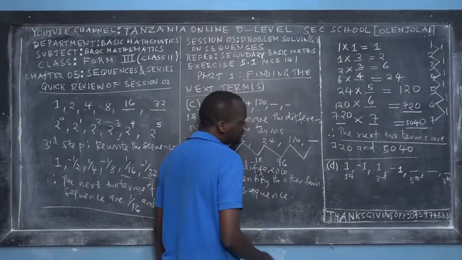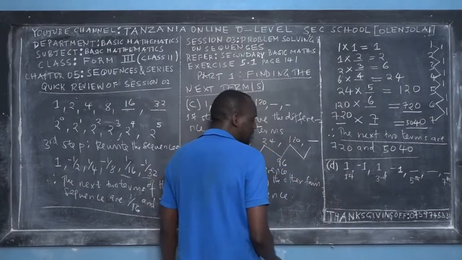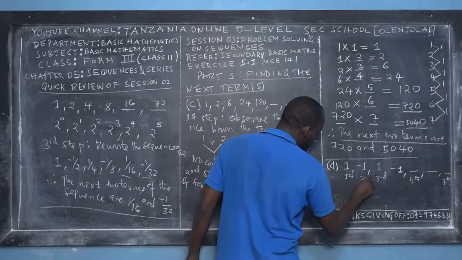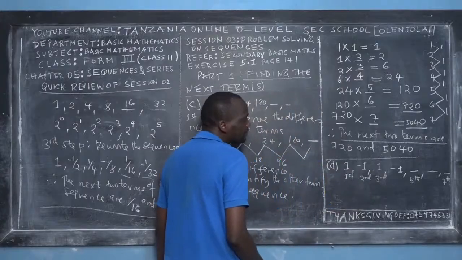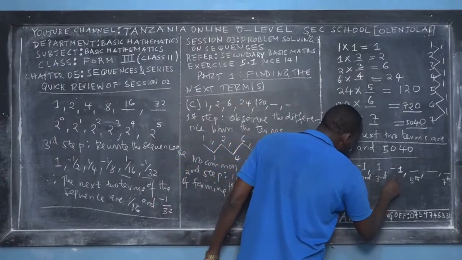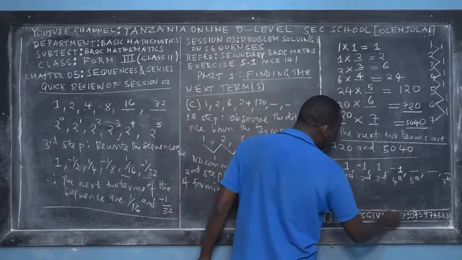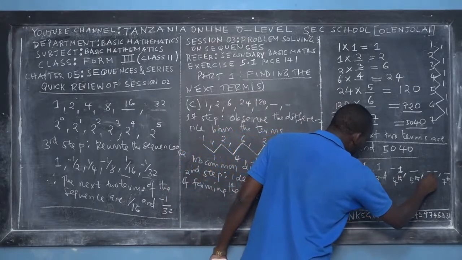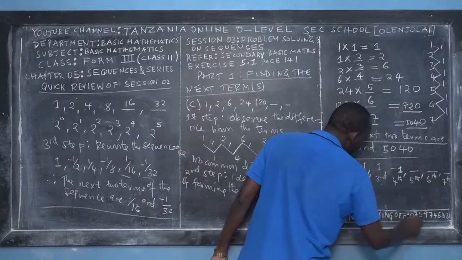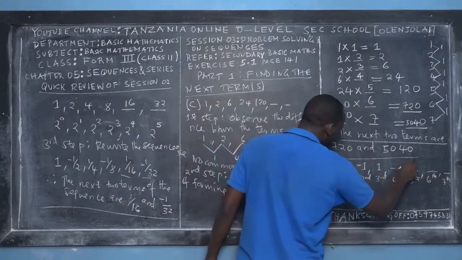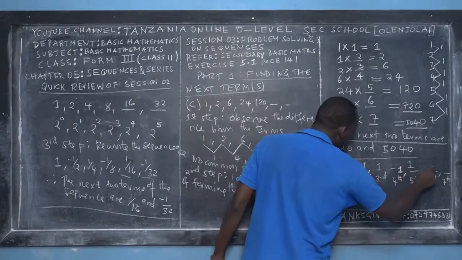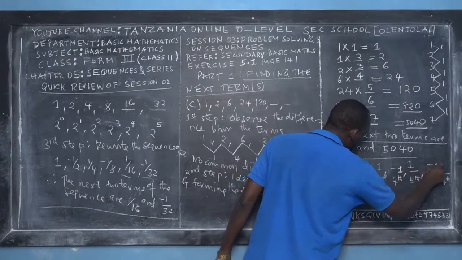So if that's the case, we come to the negative term. So this is the second term. Suppose the second is an even number, right? The second term is negative, so even the sixth term will be negative, right? So the fifth term is 1, and the sixth term is negative 1.